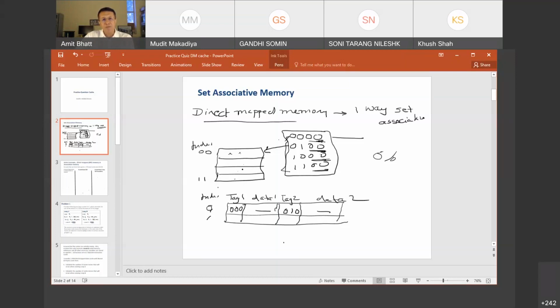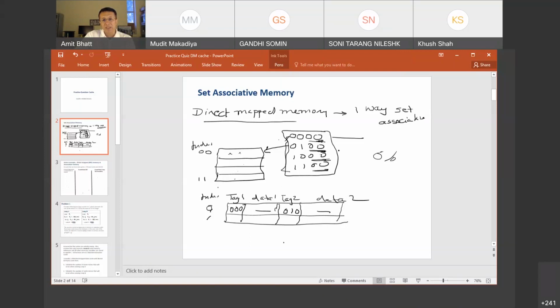Because I wanted to keep my overall cache size the same, 4 words. So here it is also 4 words. Tag 1 and tag 2 size is not considered as a part of the data size. Data is 32 bits, but the tag is not to be transported. It is only for search. So now I will have half the miss rate. It is possible that the previous one is remaining.